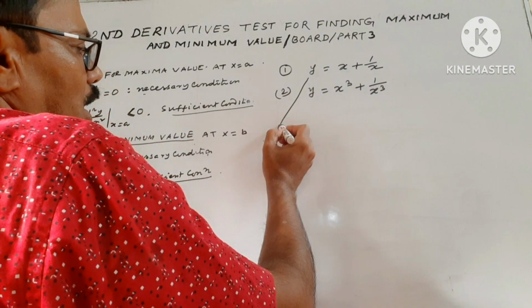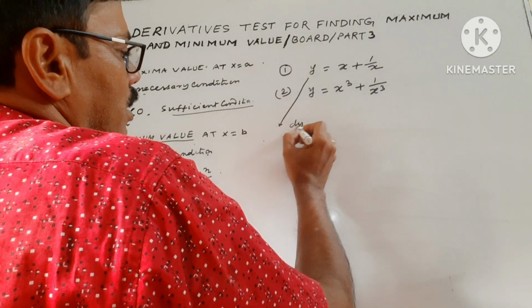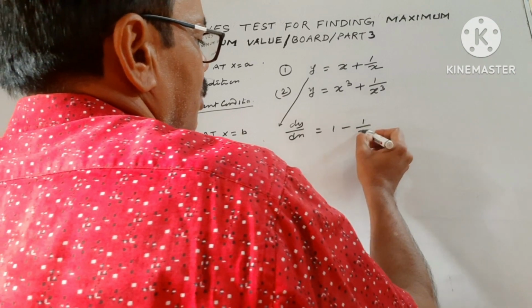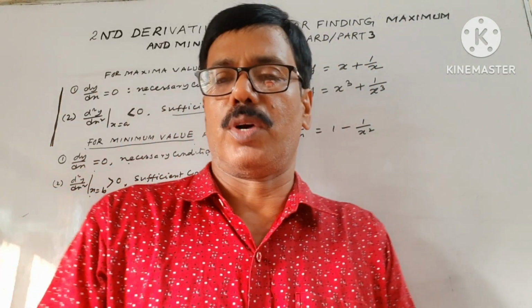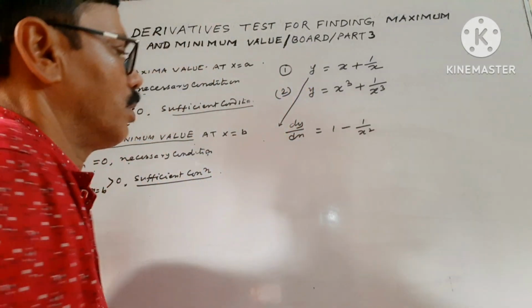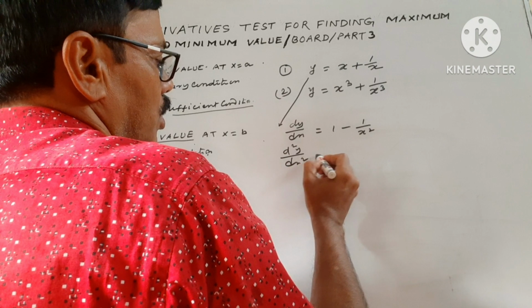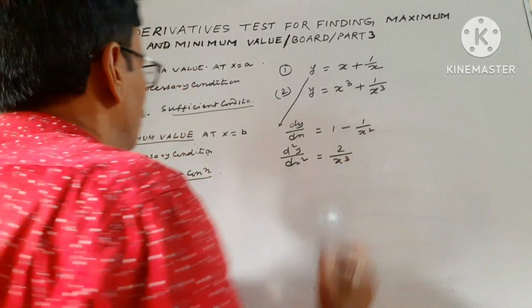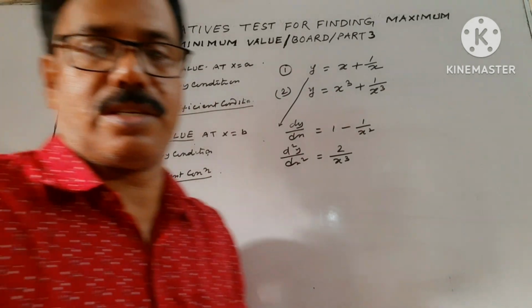These are very simple forms. Consider y = x + 1/x. You have to find dy/dx. Derivative of x is 1 and derivative of 1 by x is minus 1 by x square. Now d2y/dx2, derivative of 1 is 0, and this gives 2 by x cube, using the second derivative test.